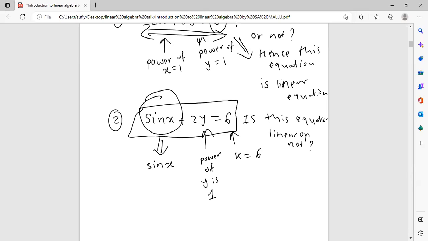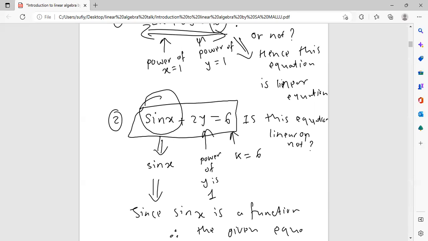Since sine x is a function which is not linear, therefore the given equation is not linear.